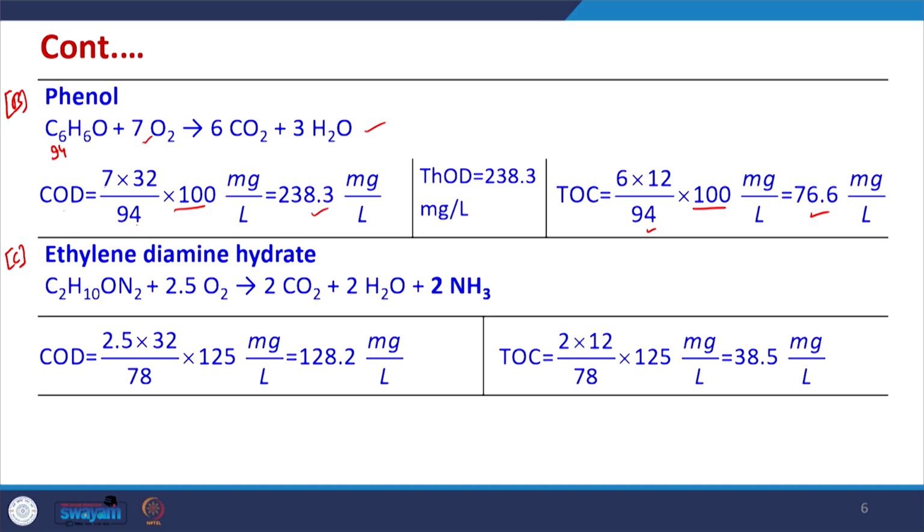So, this is the difference. First, we write an equation where the nitrogen is converted into ammonia, and we do the balance.